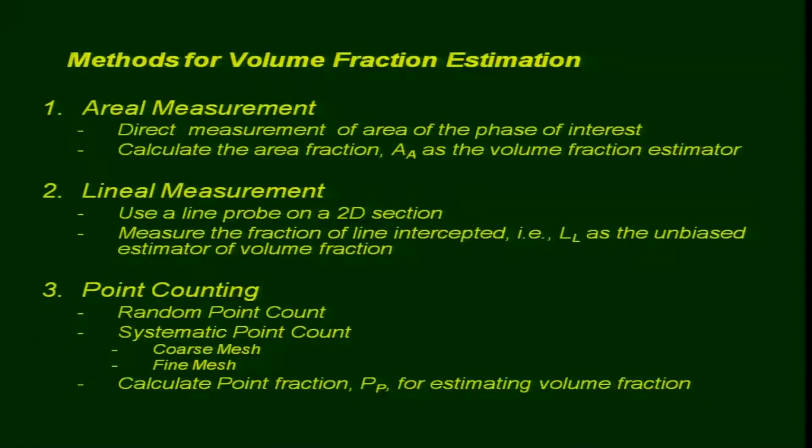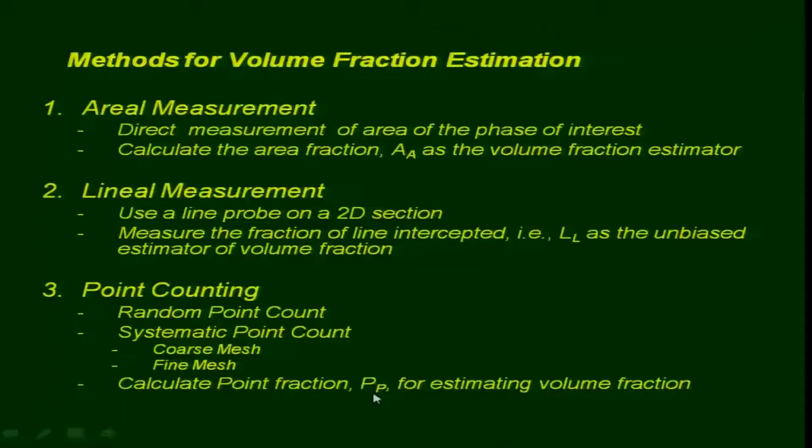This number of points divided by the total number of points I have imposed on the structure gives me what is called the point fraction P sub P, and this turns out to be an estimate of the area fraction and hence also an estimate of the volume fraction.